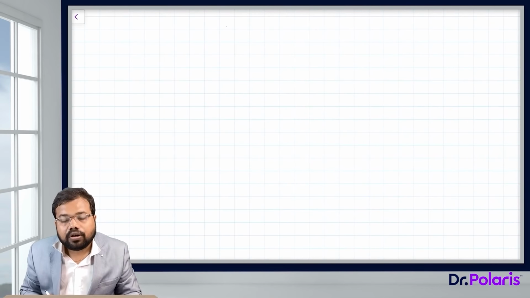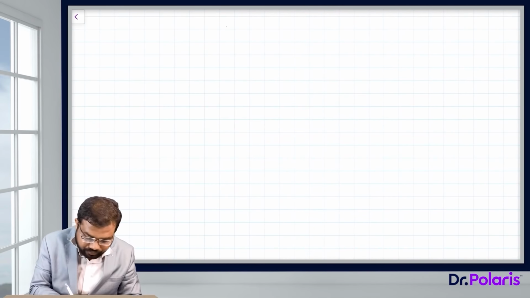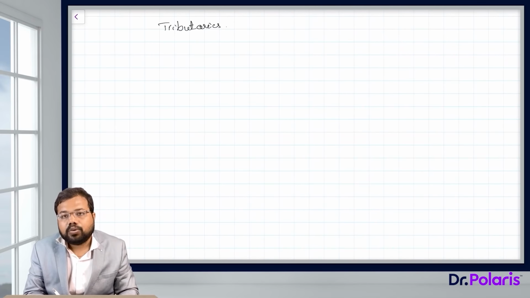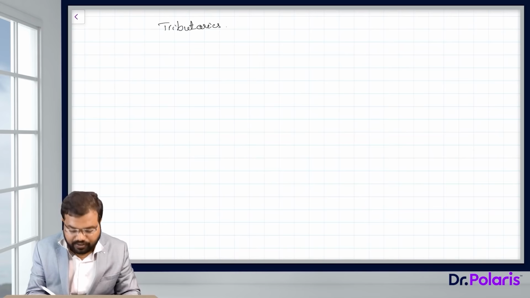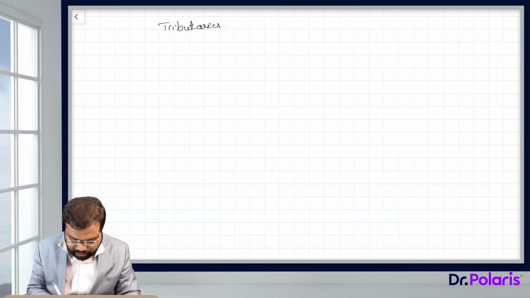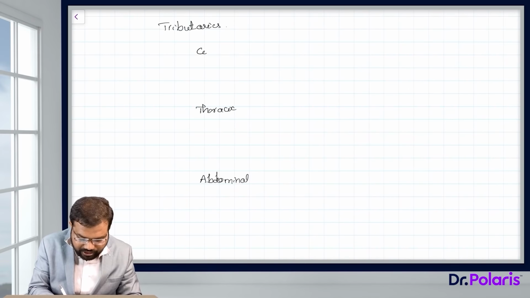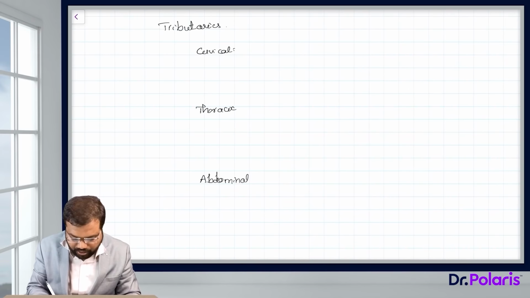Next, we will be shifting to the topic of the tributaries. Tributaries of thoracic duct. So what are the tributaries at different regions? First, the lowermost part is the abdominal region. What are the tributaries in it? Next, in the thoracic region, what are the tributaries? And in the cervical region, what are its tributaries?